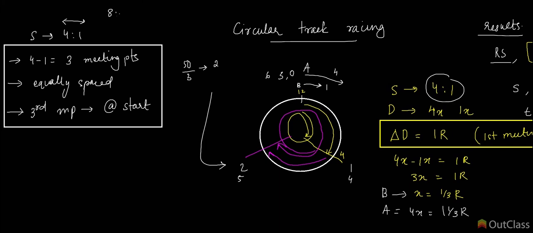If I give you 8:2, one guy is running at 8 meters per second, the other guy is just jogging along at 2 meters per second, you shouldn't say 8 minus 2, 6 meeting points. You have to simplify that ratio to co-prime numbers and then subtract. 4:1, so that's 4 minus 1, 3 meeting points. They're going to be equally spaced, and the last of those meeting points, the third meeting point, is going to be at the start itself.